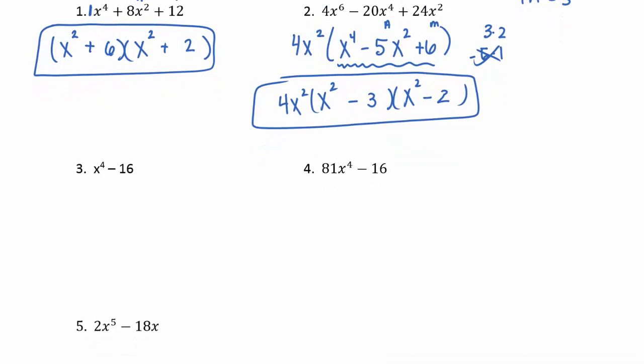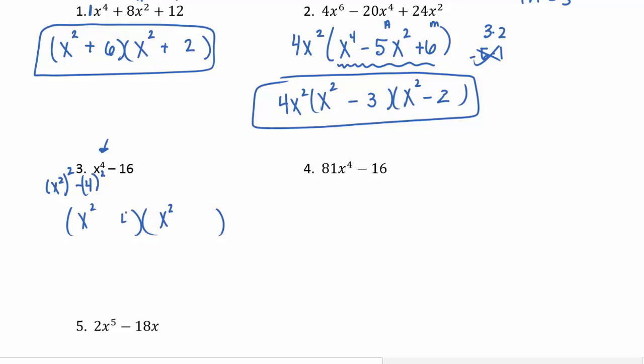So speaking of perfect squares, x to the fourth minus 16 is a difference of squares. Now we usually see this with x squared, but x to the fourth is also a perfect square, because it's the same as x squared squared minus 4 squared. We wrote it like that a long time ago, but we're going to break this up into x squared and x squared.